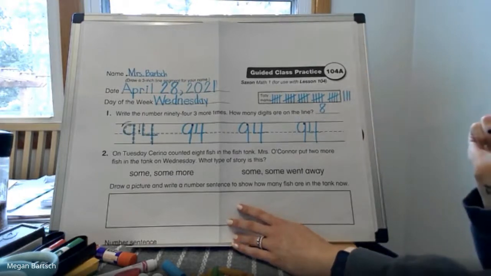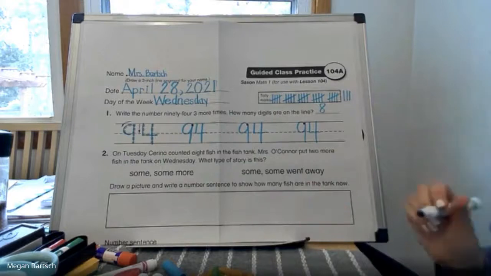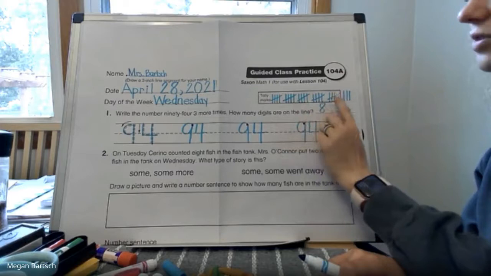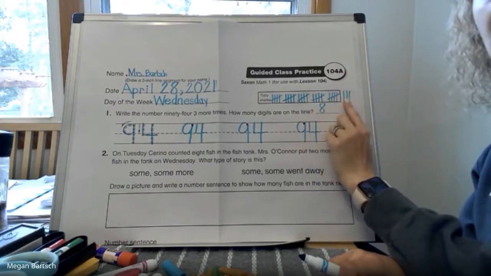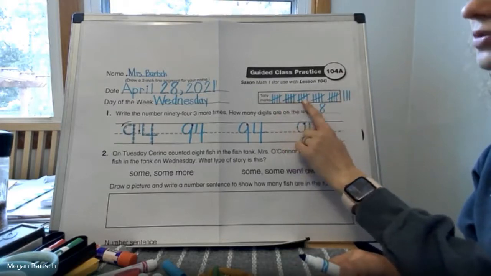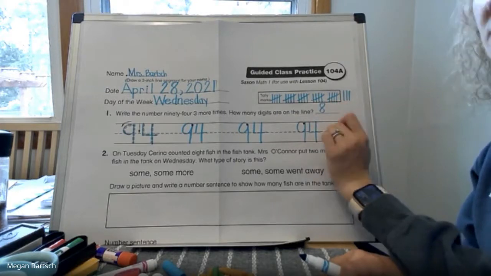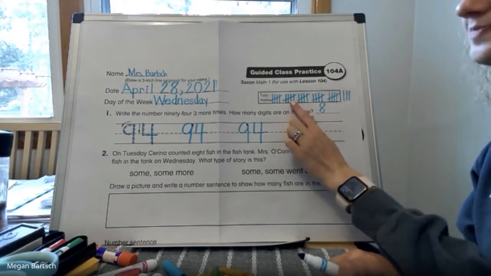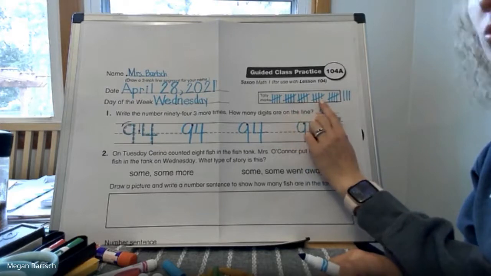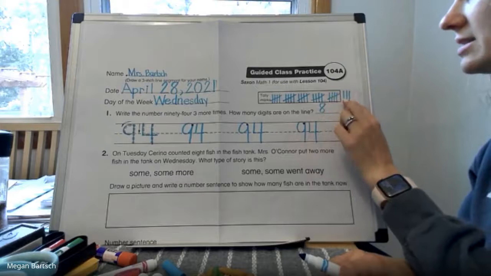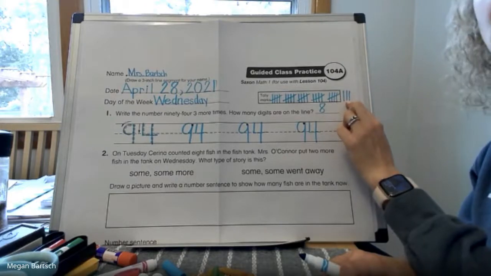Stop. You should have 5 full 5s and 3 extras. 1, 2, 3, 4, 5, and 3 extras. 5, 10, 15, 20, 25, switch, 26, 27, 28.